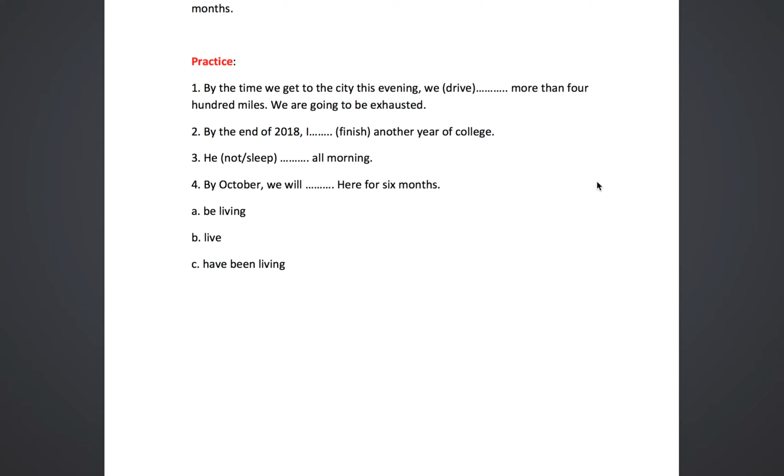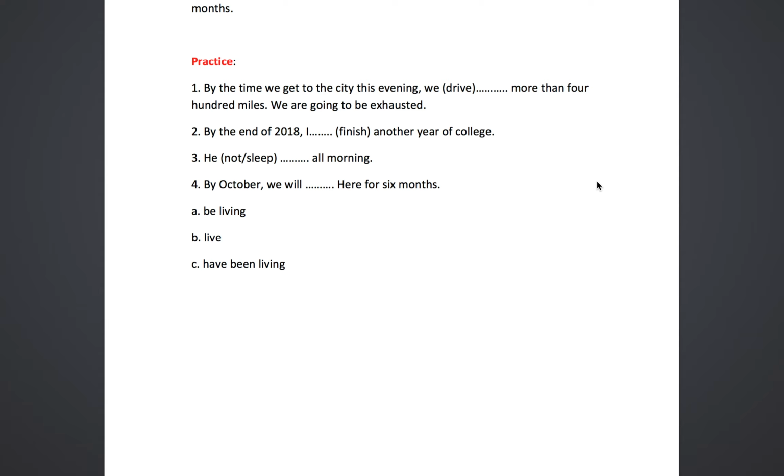The first one, by the time. As I said, you can use by the time or by, for example, 2018, which shows the time expression for the future. By the time you get to the city this evening, we will have driven more than 400 miles. We are going to be exhausted.